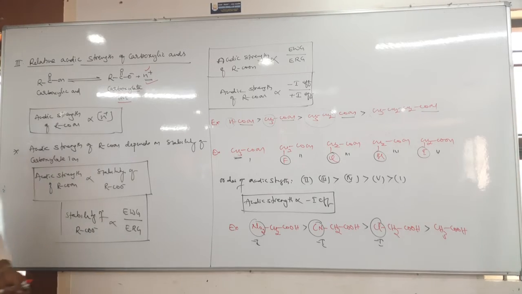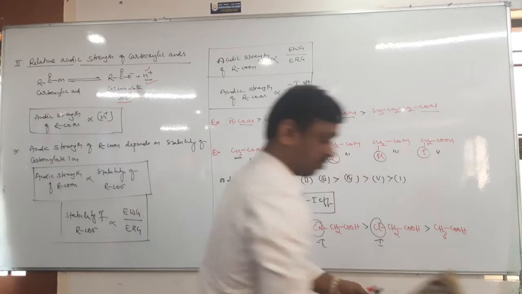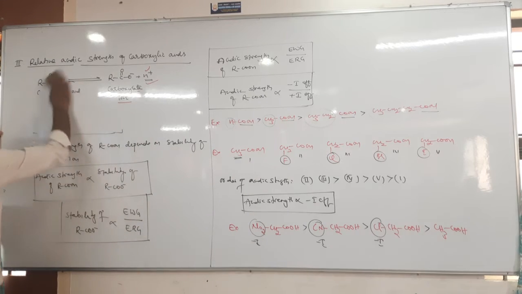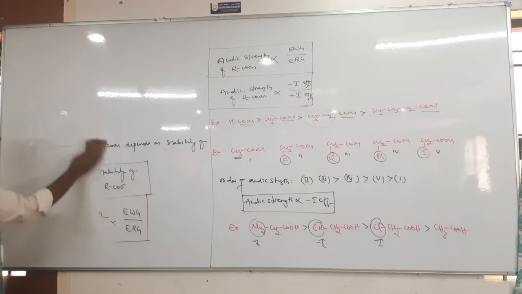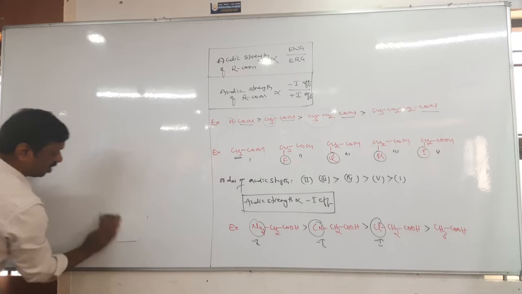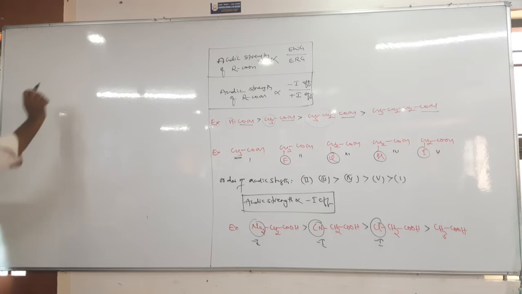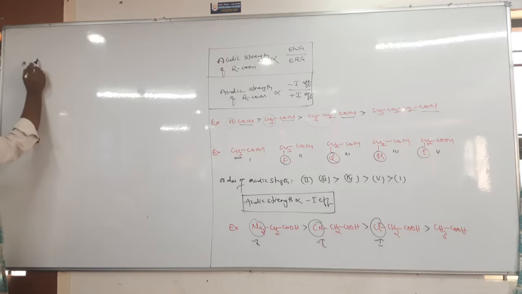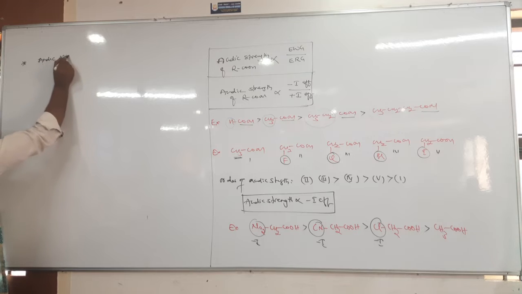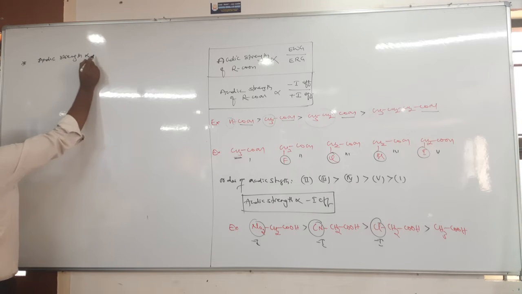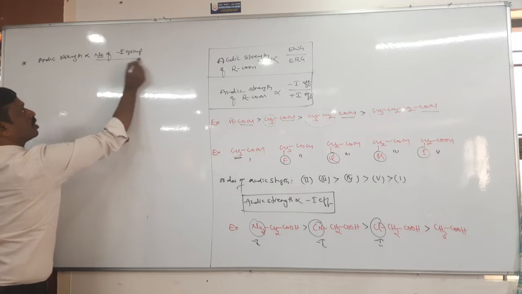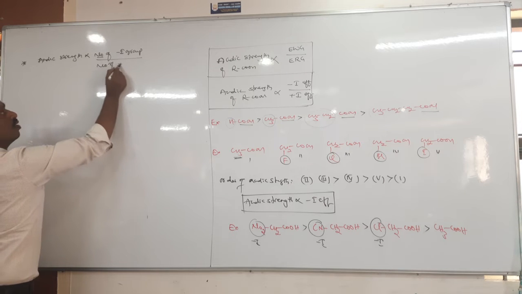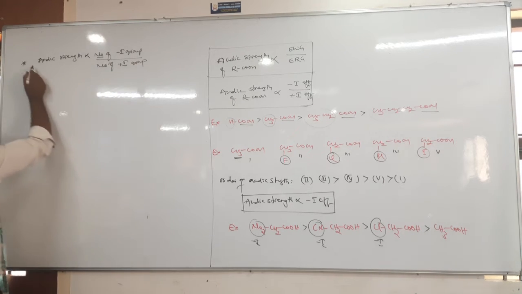Next, now as the number of minus I groups increases, what happens to acidic strength? Obviously, as the number of minus I groups increases, acidic strength increases. That is, acidic strength is directly proportional to the number of minus I groups, inversely proportional to the number of plus I groups.